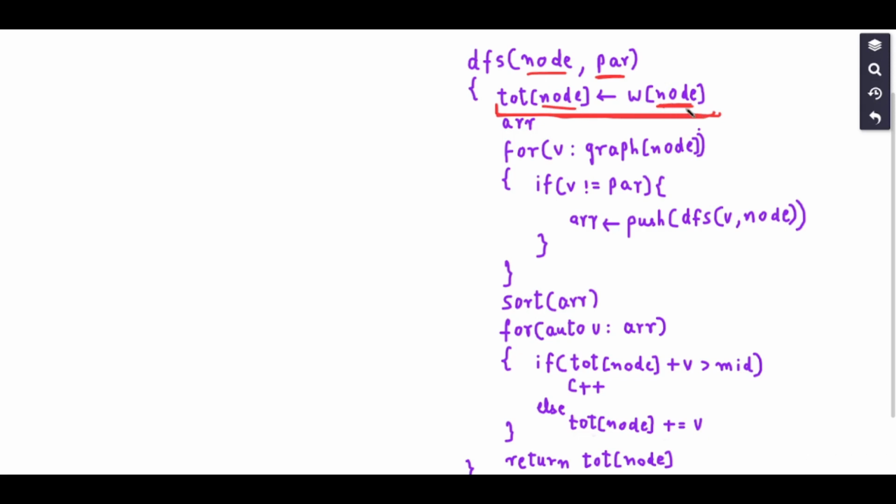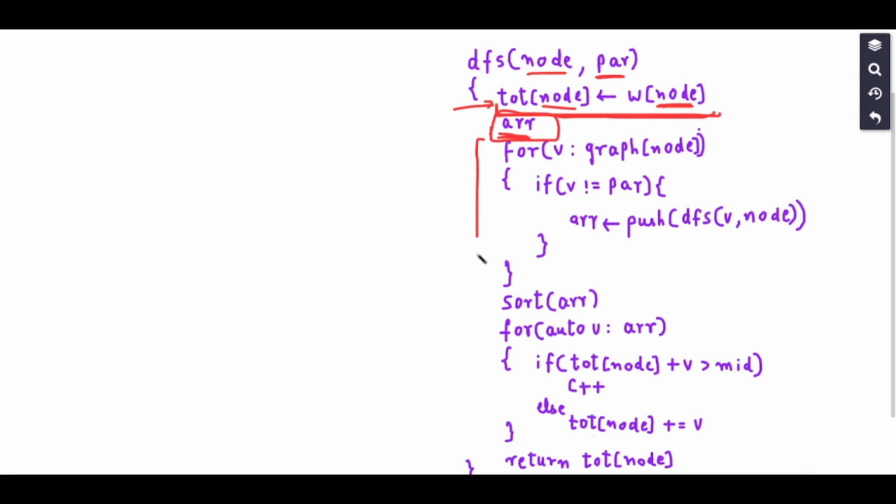We don't know at this point how many children nodes we have to include. So let's take an array ARR. This array is going to store the weights of the subtrees for this node. So for all of the children, this array is going to store their weights in the sorted order.